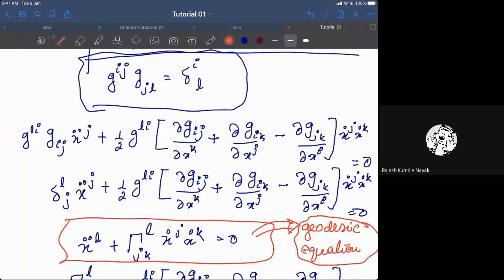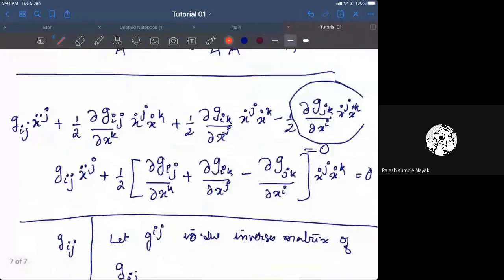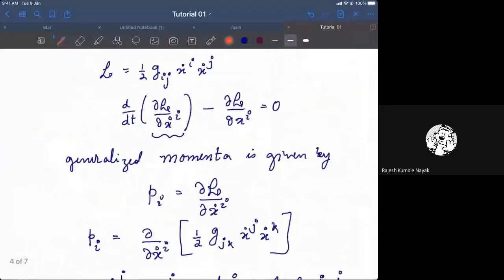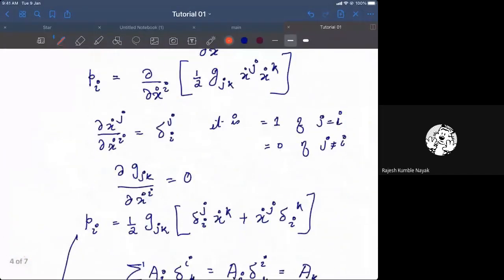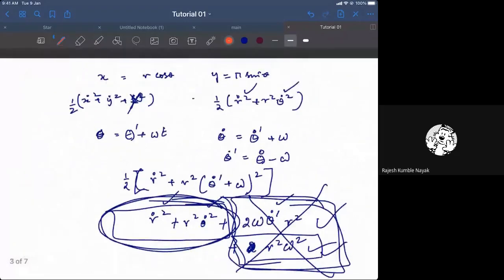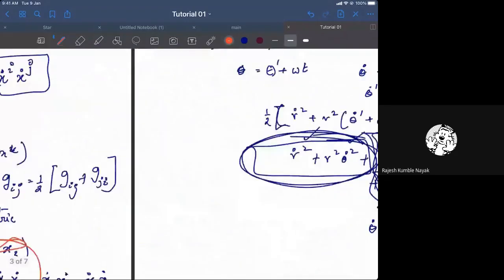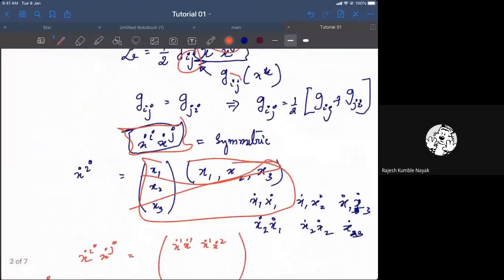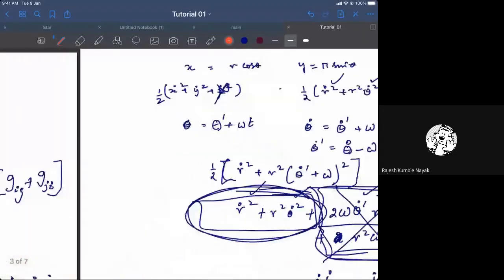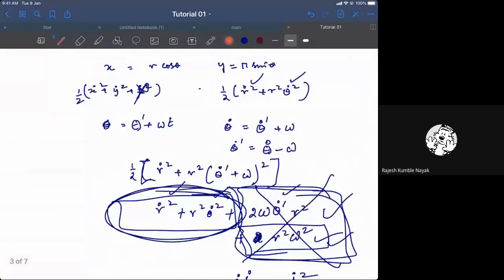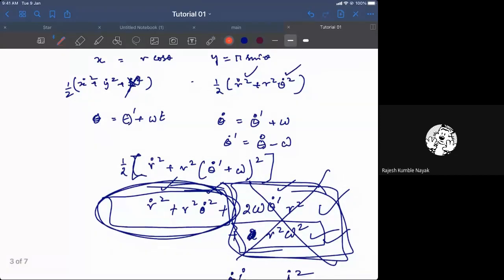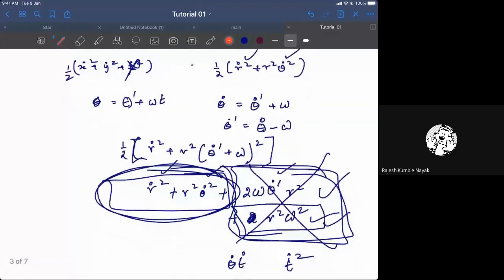What I am telling is that the form of the Lagrangian would not remain quadratic in the kinetic energy. So if that is a constraint, then the rotating frame is not a very convenient way of doing it. But when you consider time also as your coordinate, then it gets smoothly absorbed into that. That we will do in the special theory of relativity.